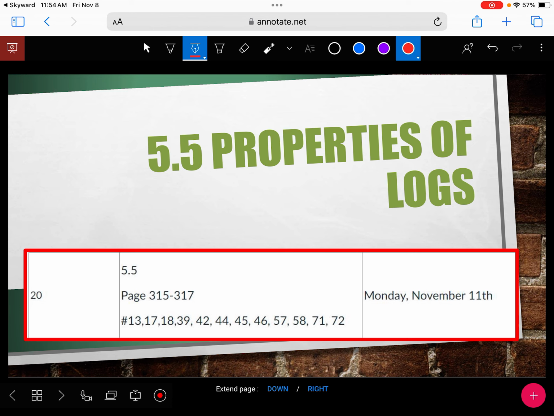So I'm pretty sure. Did I change it over there? What did I write over there? 11/11? I think it's Tuesday though. Can somebody pull up Canvas real quick and go to chapter 5 at the bottom, because I know I changed it. I just don't remember what I changed. I think I changed it to Tuesday. Homework 20.